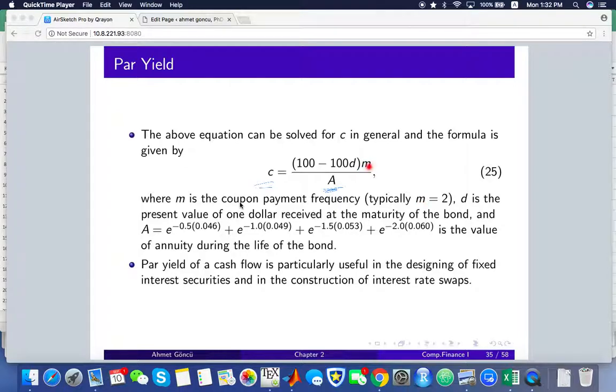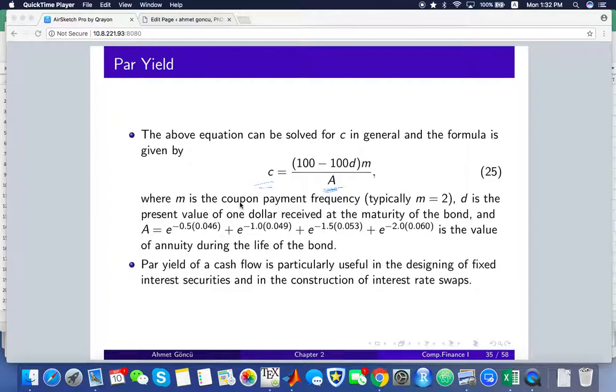In this case it is 2, but in some cases you might have annual coupon payments, so it can be equal to 1. And then you divide this by the annuity, which is the present value of $1 received at the lifetime of this bond, which is in this case given by this total summation.